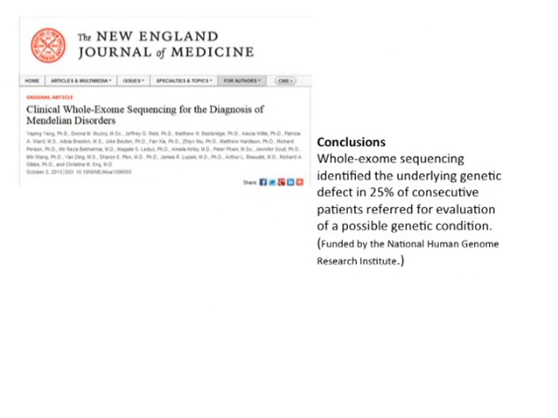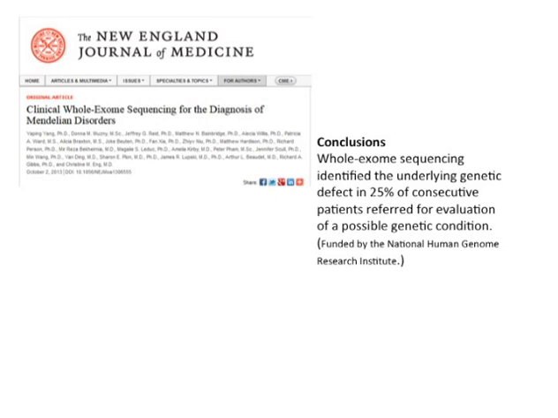The use of whole exome sequencing on a clinical basis has been shown to be very effective. This was a paper published last year by the group from Baylor about their experience with doing clinical whole exome sequencing for the diagnosis of Mendelian disorders.